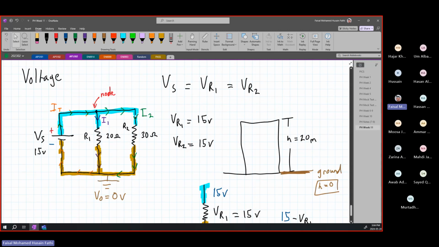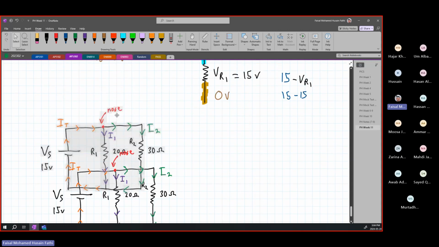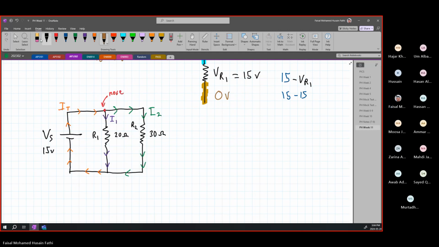How is this important to us? Because now, if I look at the circuit one more time, we know that our VR1 is equal to 15 volts, and we have R1, which is equal to 20 ohms. We can now find our current I1 using Ohm's law.